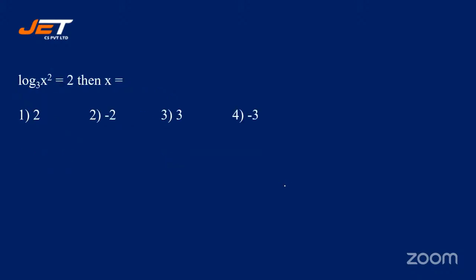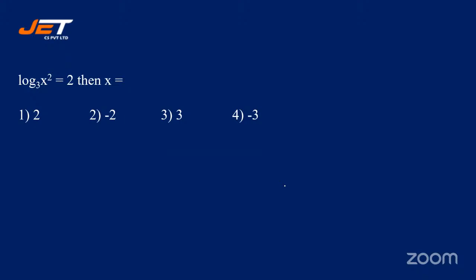All right, see here, log x square base 3 is equal to 2. Then what is x? Log x square base 3 is equal to 2.